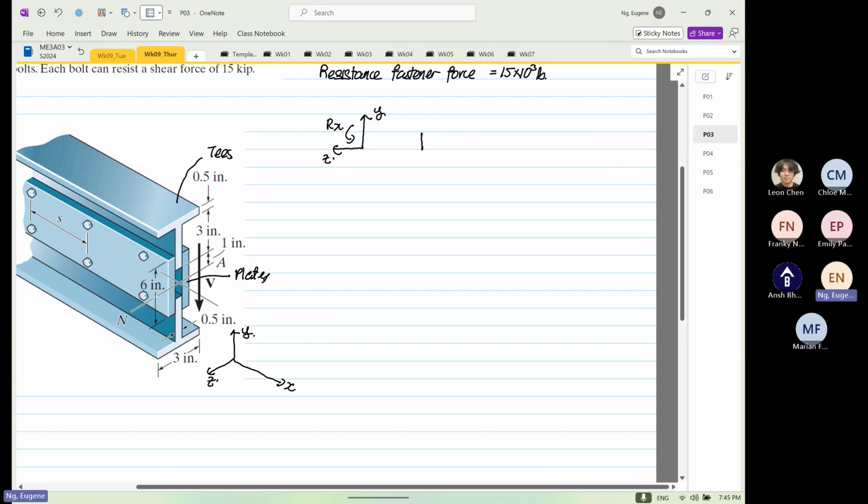So you have a T, and then you have two plates.